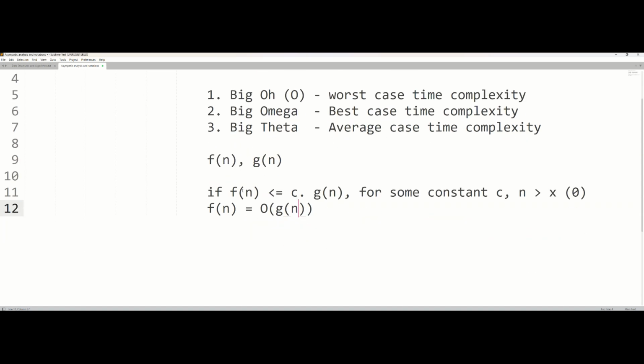So for all values of n, your f of n function is less than or equal to c into g of n, because your g of n is called the upper bound, basically. Upper bound in the sense that it is the worst case time complexity.